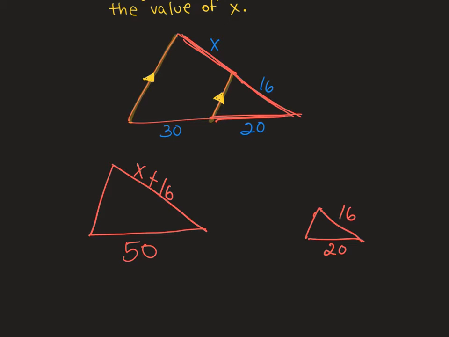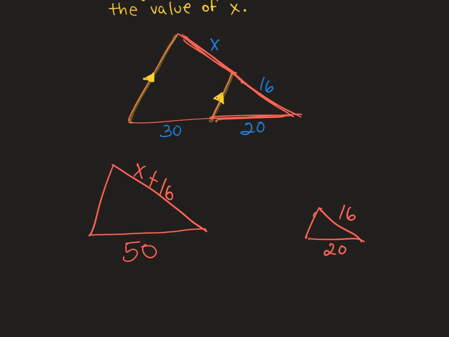Okay, so looking at that, you could solve it using the triangle proportionality theorem this way, but it's a little harder. I think a lot easier is if you look at the values, and you could actually use the proportional theorem to solve the problem.